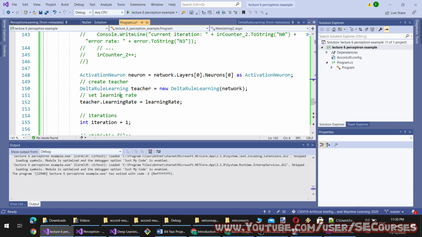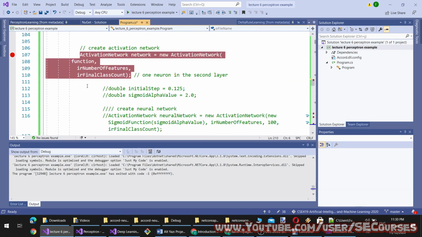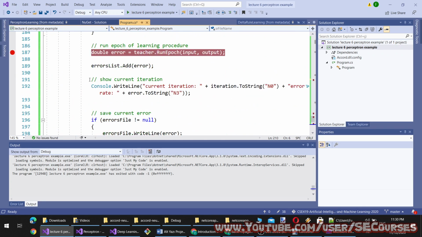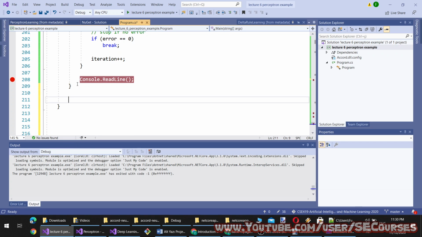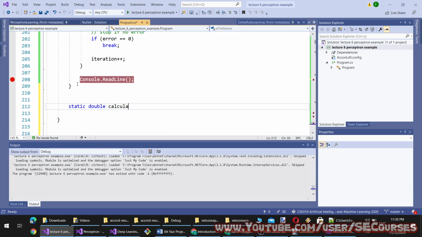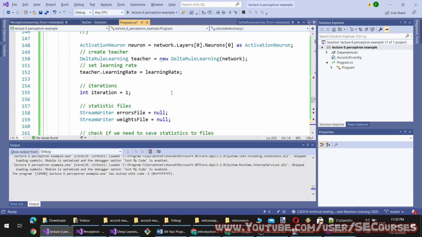So I am going to write this as, let's say, a method. Okay. Inside here, static double calculate accuracy, which will take a network.